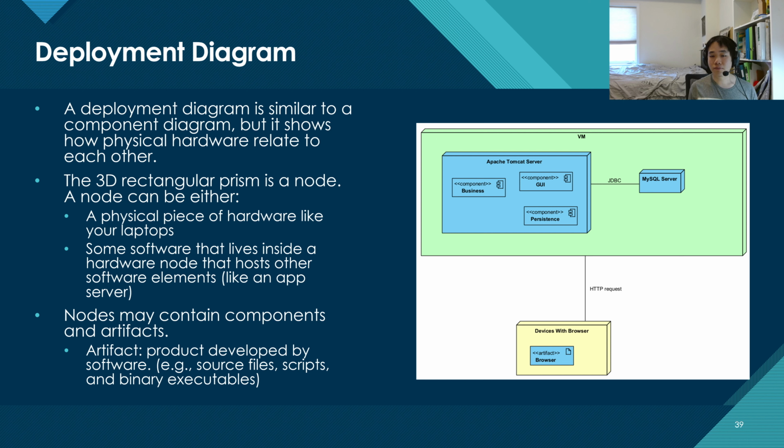Okay, and then this information is stored in the database, the MySQL server. You mean the new account? Yeah, that's what I meant. Yeah, the new account. So basically, it's likely that your persistence layer is doing the CRUD, right? But it's inside the Tomcat server. The Tomcat server is gonna open up a connection to the MySQL server through JDBC, and the persistence will query the database to make the new account for you.